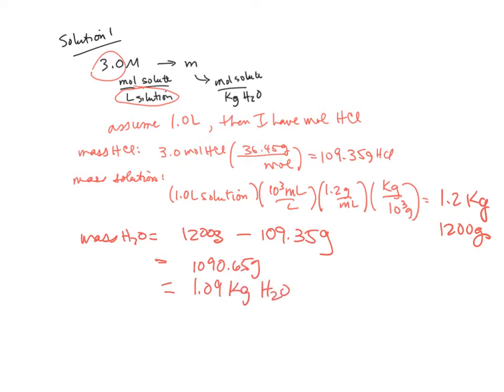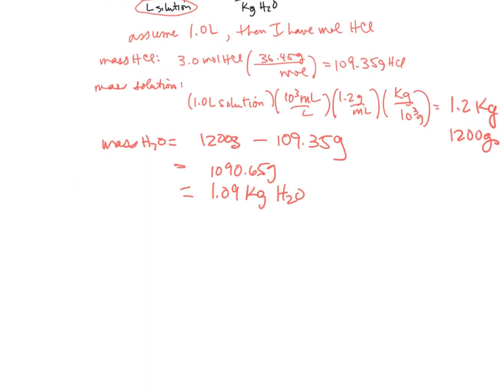Okay, so we got that. And then put it all together. Molality will be 3.0 moles of HCl, and divide that by 1.09 kilograms of water. And that is 2.8 m.